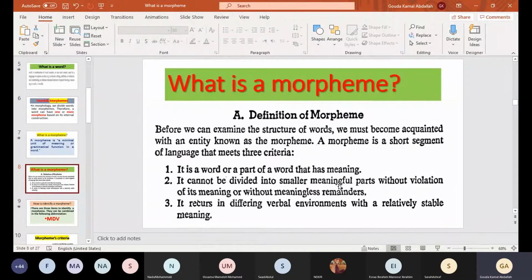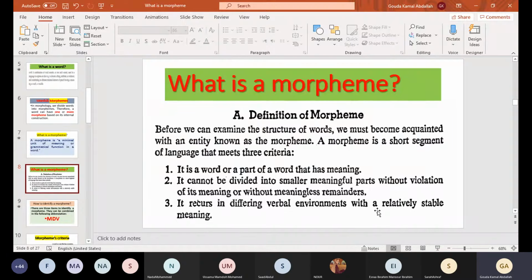And finally, the third condition: the morpheme recurs, it occurs in differing verbal environments with a relatively stable meaning. This part of the word, this smallest unit, has the same meaning in different English words.